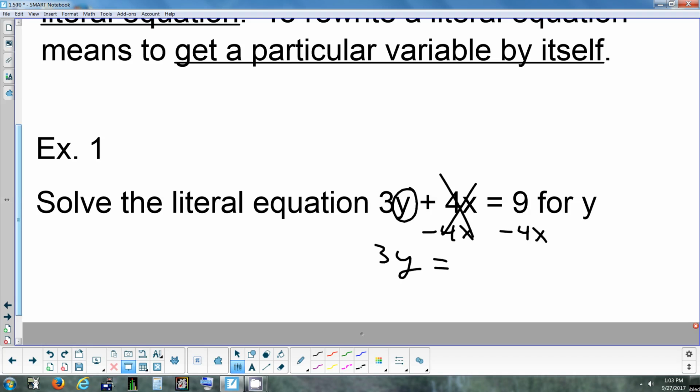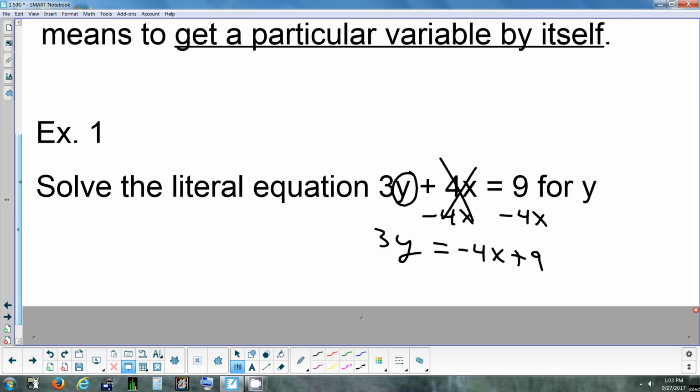Negative 4x plus 9. Now, was anybody thinking 9 minus 4x? If you do 9 minus 4x, that would be okay. You wouldn't be wrong. But we normally put it in that order. The negative 4x comes first, plus 9 comes second.